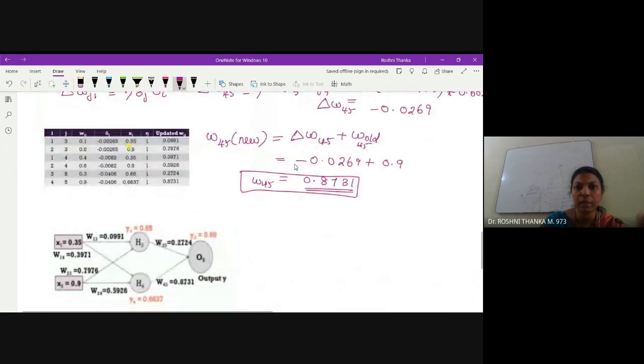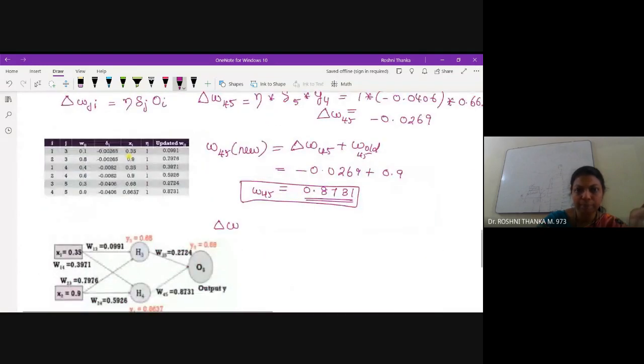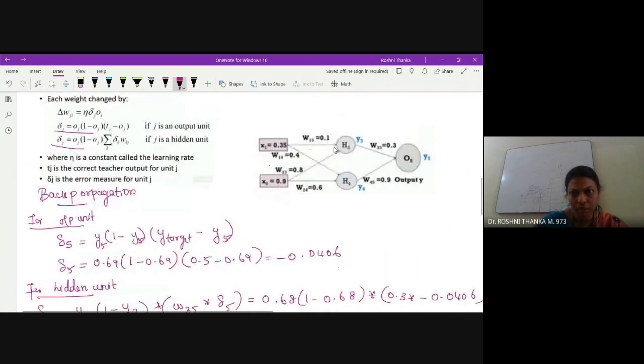So how will you calculate? Delta of weight 1,4. Delta W14 is equal to, first you put the learning rate into, and then according to the formula, you put the error. Which error do you want to find? The error of this node.